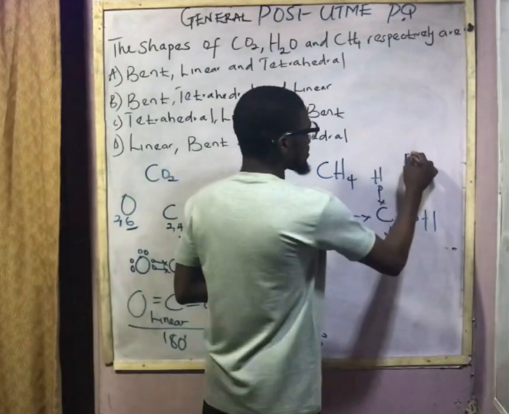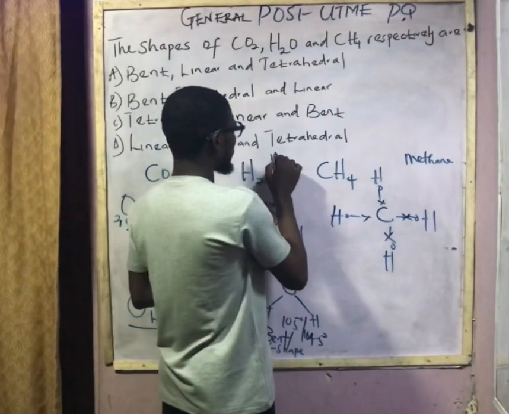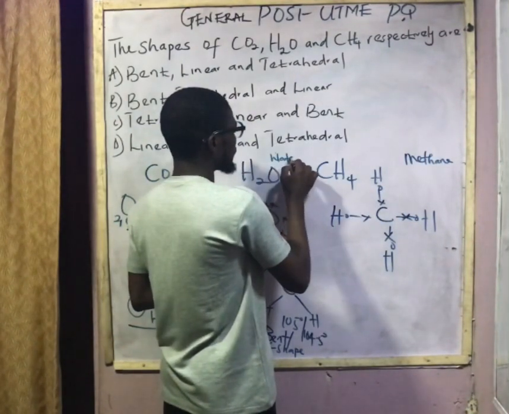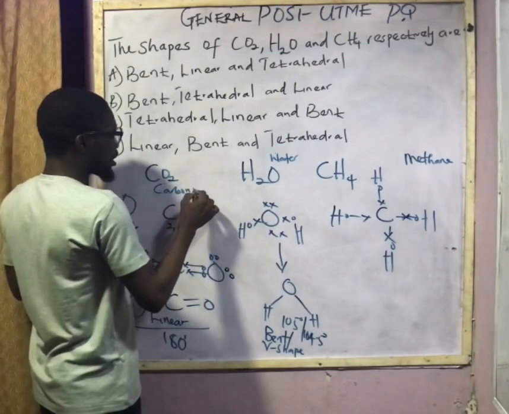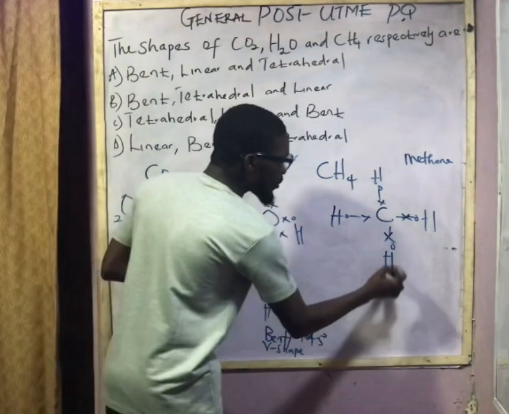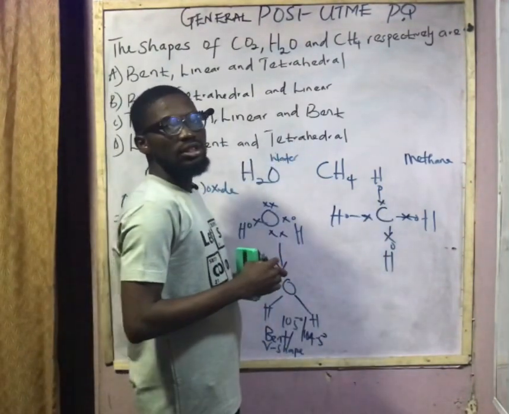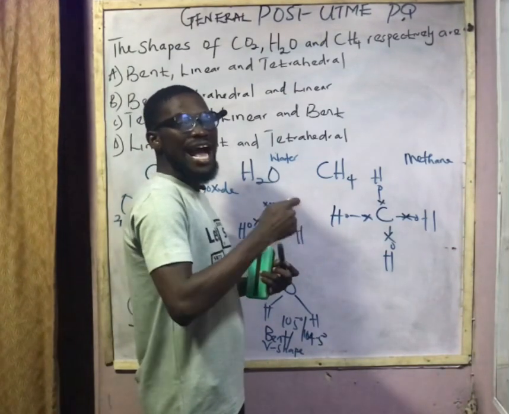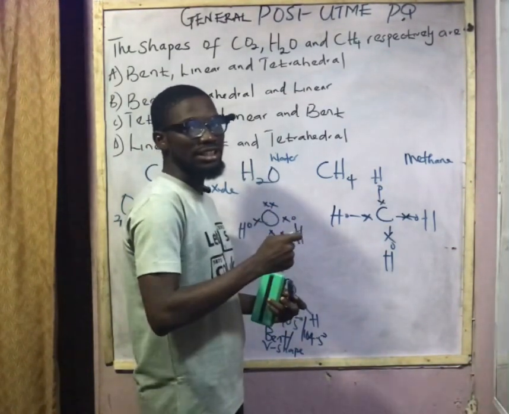Mind you, this is methane, this is water, and mind you, we have carbon dioxide for this. Now, how can we easily deduce our shape? The shape of methane, as far as bonding is concerned, is tetrahedral.